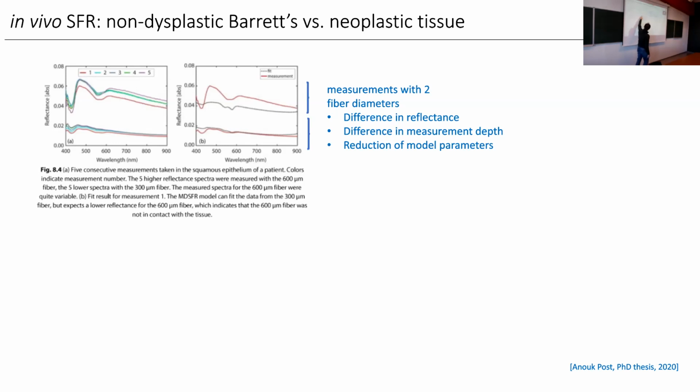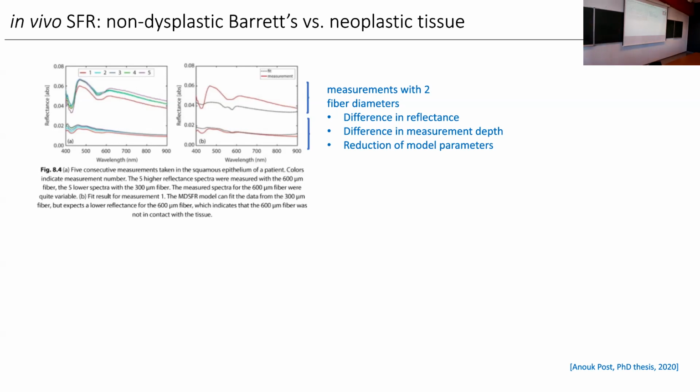You see an example of that fitting here. For the smaller fiber, it works more or less well. Still, for the bigger fiber, the fit and the data do not really overlap.